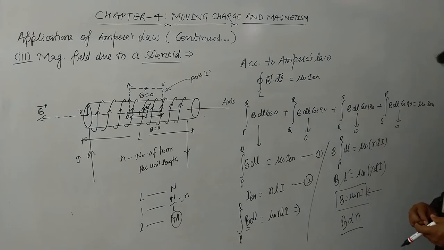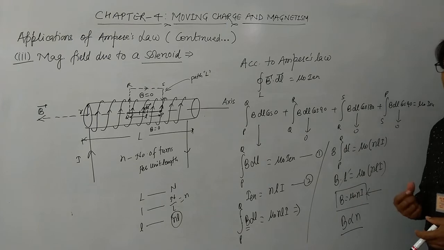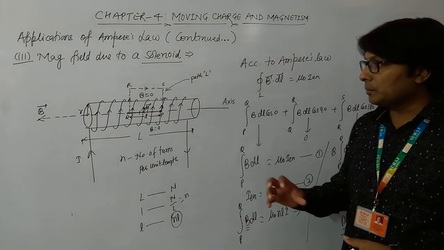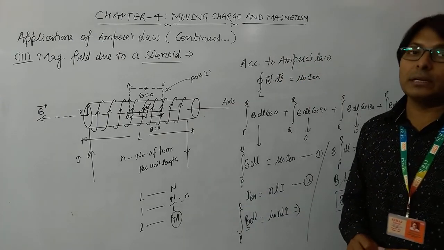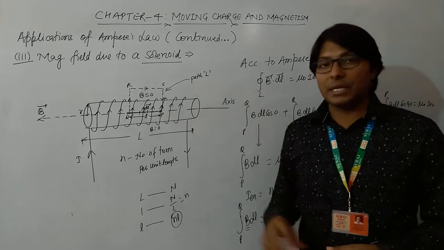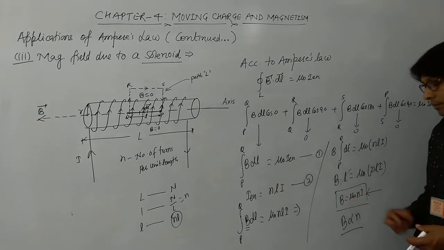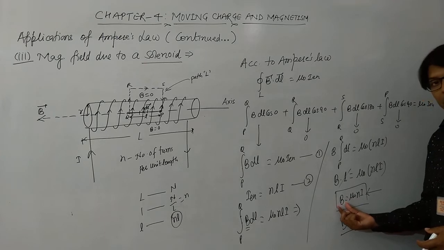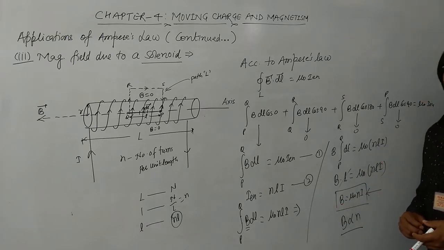One more way to increase the effective magnetic field is to replace the air within this solenoid by a paramagnetic, or in fact ferromagnetic, material. Like we insert a rod inside the solenoid, and therefore the permeability of the medium increases, thereby increasing the magnetic field. This is how electromagnets are made.